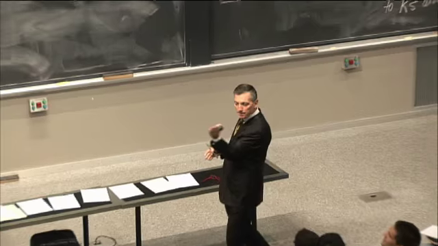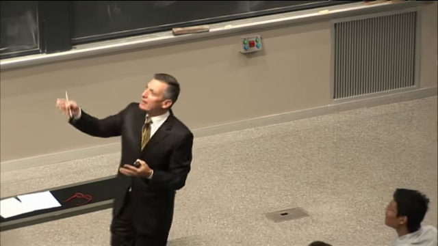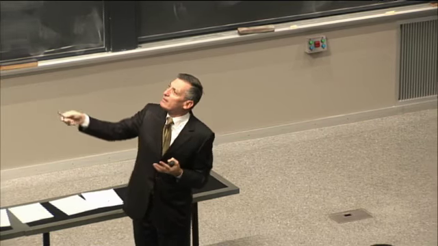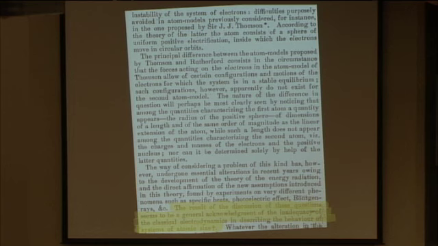An elegant slap in the face. This is how scientists do it. They don't go, oh, you're ugly and your mother dresses you funny. Instead, they write things like this: difficulties purposely avoided in atom models previously considered, for instance. So this is sort of, yeah, how about you?